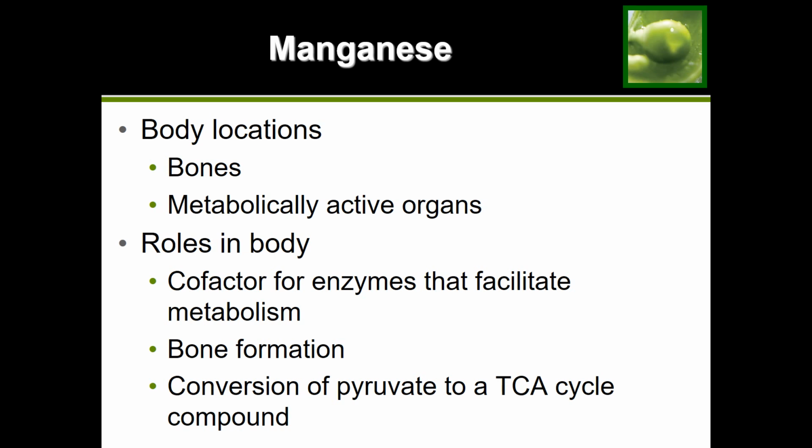We already discussed one nutrient that helps convert pyruvate to oxaloacetate, and that was the vitamin biotin. So if I were to ask which vitamin converts pyruvate to oxaloacetate, it would be biotin. Which mineral helps to convert pyruvate to oxaloacetate? It would be manganese.